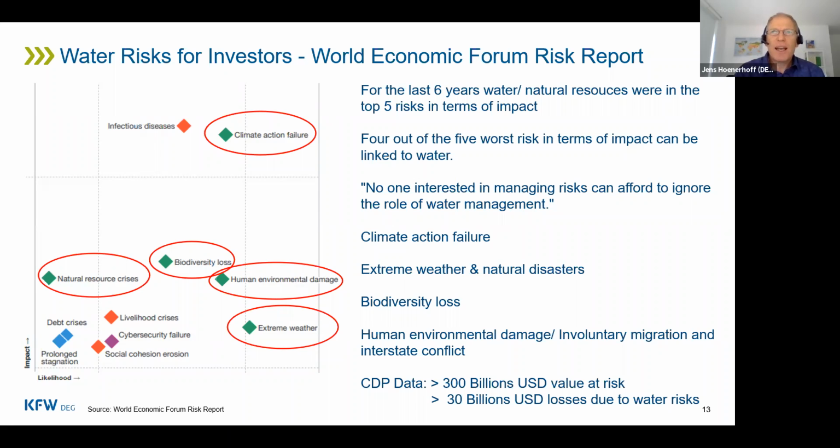And 10 years back, we noted that this is a big risk to our portfolio, especially to the companies we are financing in developing and least developed countries, where the companies often don't have the infrastructure and working environment to be prepared for these extreme weather events and natural disasters.